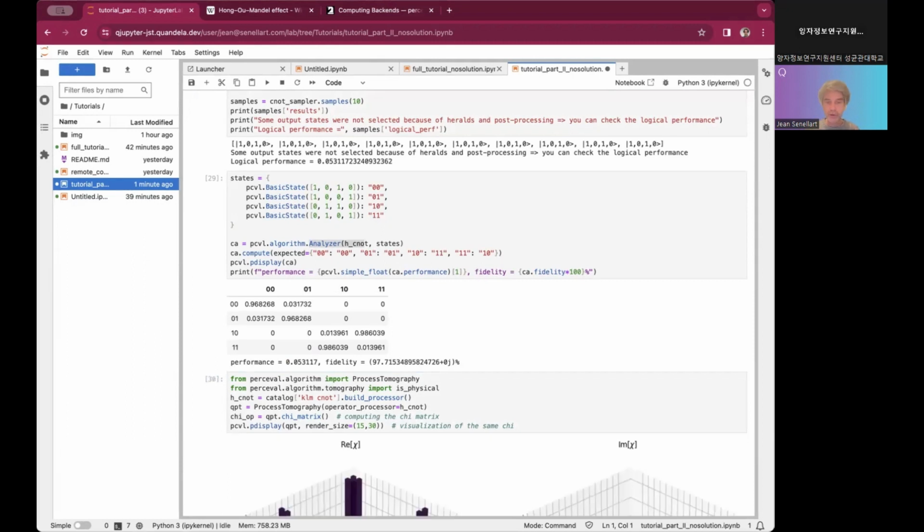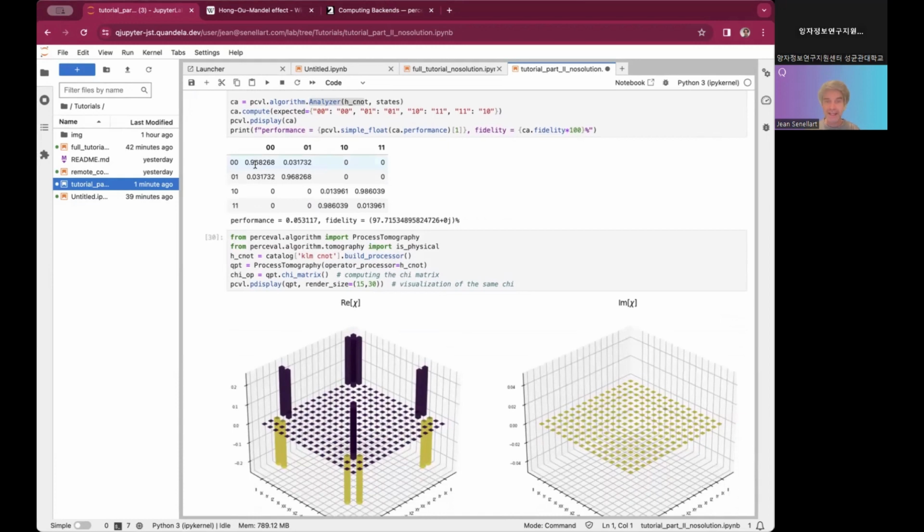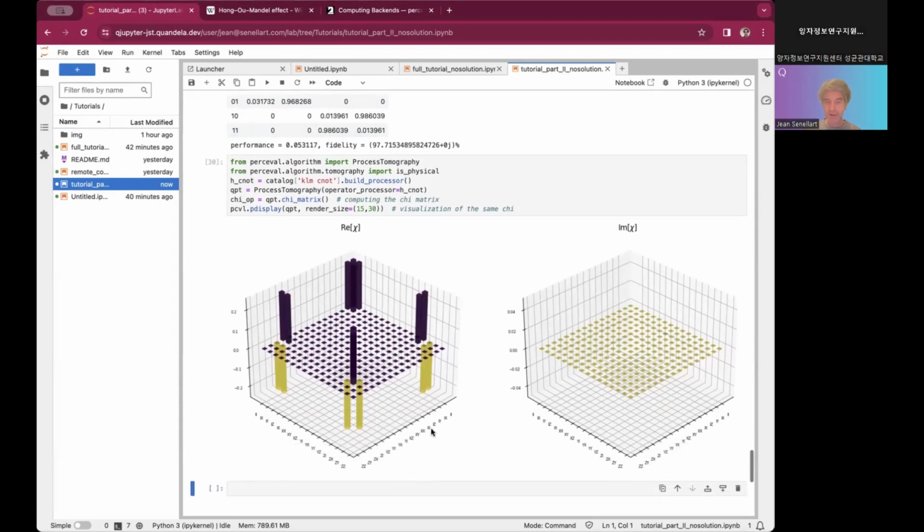And the last thing I want to show you before moving on to the cloud is that you can also apply some more in-depth tomography. My truth table is nice, but it's just looking at the computational basis. Here with a tomography, you have this tomography tool that is embedded. You will look at all the different projections of your output state in the different bases, X, Y, Z, that show you if your CNOT state is correct or not.